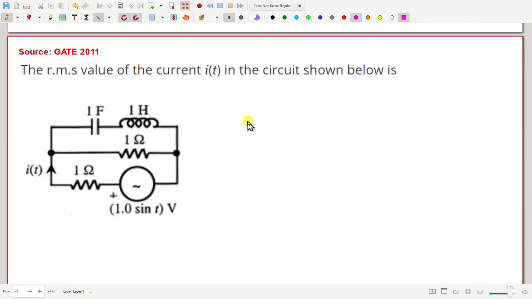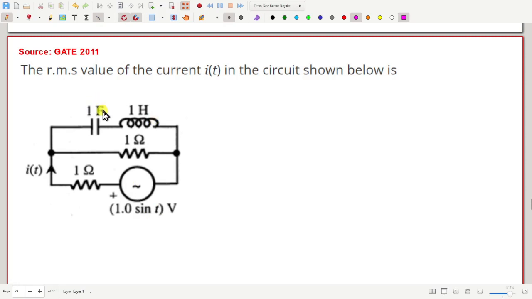This question is very easy, so I will let you solve it. We have to find this current I. This capacitor is 1 farad, inductance is 1 Henry. How much is omega? Omega is also 1.